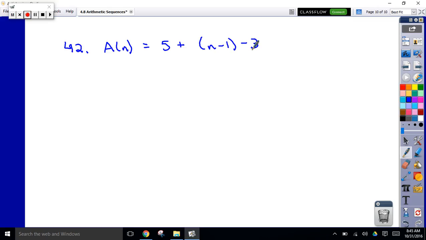And you are to write a recursive formula. The only thing you need to know for the recursive formula is the change. We're just interested in what it goes up or down by. So the recursive formula is going to be a of n equals a of n minus 1 plus or minus something. What would the change be according to this?